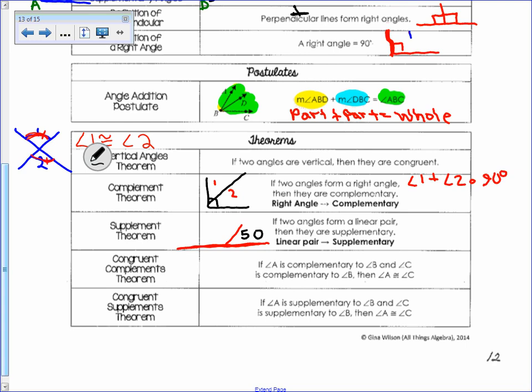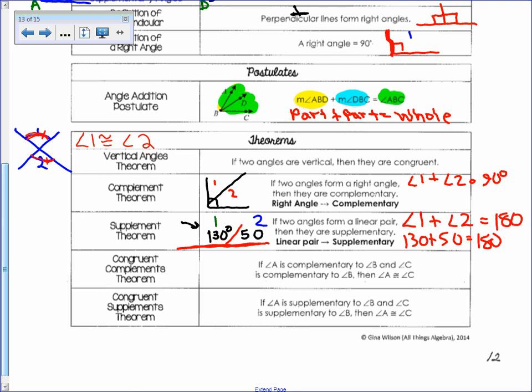Now I know that this other angle over here, 180 minus 50 is 130. If I add these two angles together, this is angle 1, this is angle 2, I can say they equal 180. So angle 1 plus angle 2 equals 180. And you can prove it. What's 130 plus 50? Does it equal 180? Yeah, it does. All supplementary angles do that. If you add them together, they equal 180.